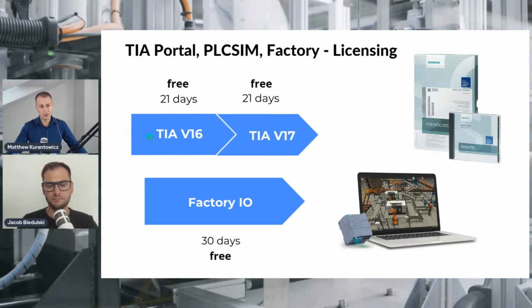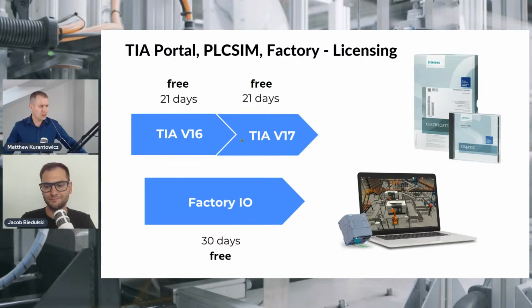You can download TIA Portal version 16, and this is free for 21 days. Okay, when this license ends, you can grab the next version of TIA Portal, version 17, and it is also free for 21 days.